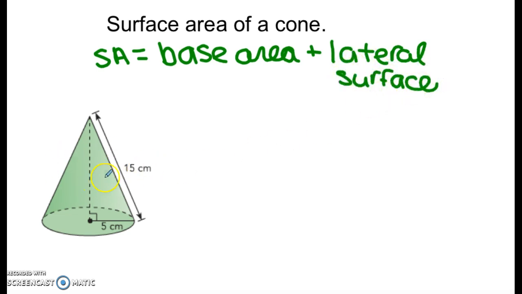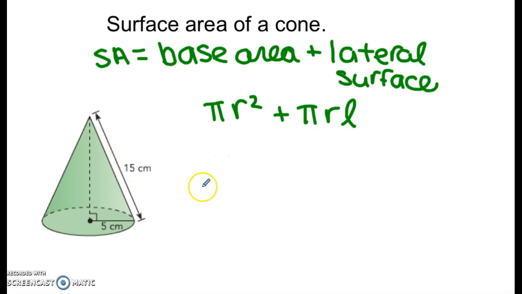Okay, and lateral surface is the curved surface of the cone. So base area, pi r squared because we have a circle, plus the lateral surface, which is pi times the radius times the slant height. Make sure you're looking at slant height, which is here, and not regular height.